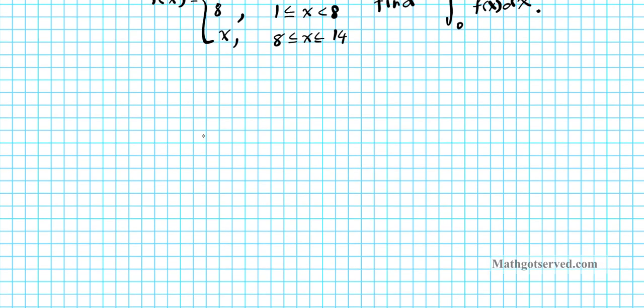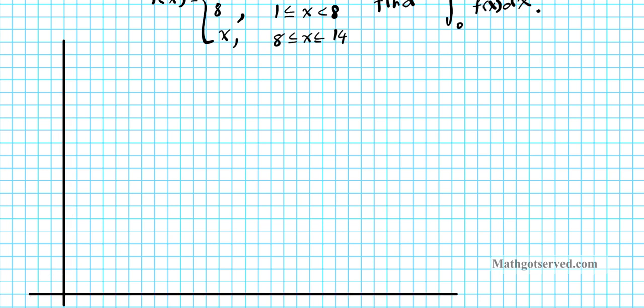Okay, so let's see. 1, 2, 3, 4, 5, 6, 7, 8, 9, 10, 11, 12, 13, 14. Okay. All right, let's set up our coordinate system. There goes my y, and there goes my x-axis. To calibrate my y-axis, I'm going to use units.